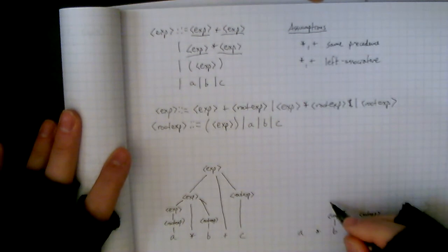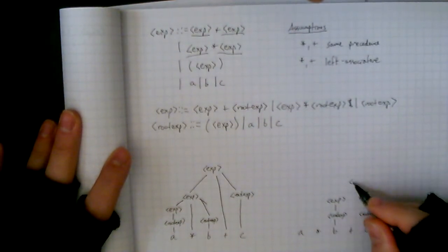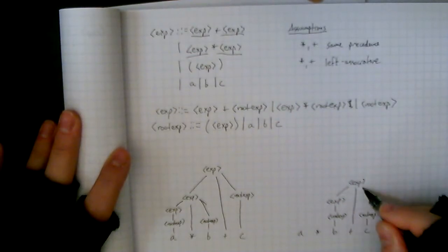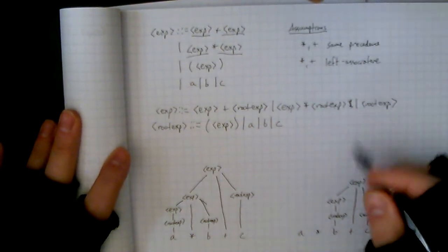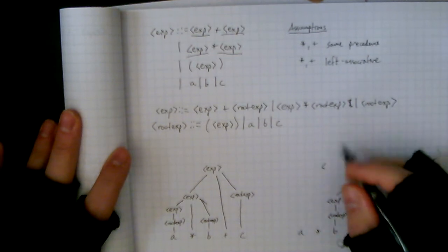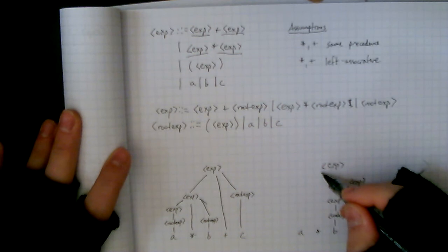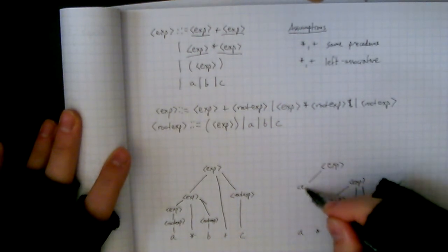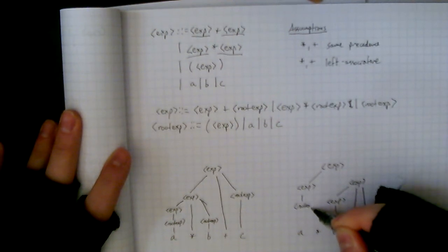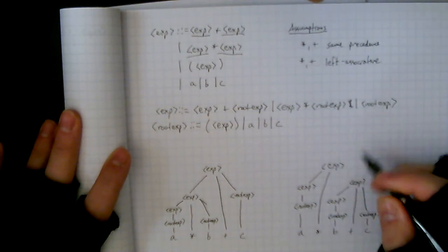And then this would be from an expression, and we have an expression here, here, and here, like this, right? And we would have some way of starting with an exp at the top, which would then go to an exp root, and then a, and then this expression would come down there like that.